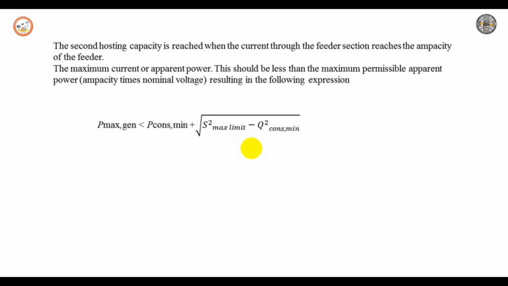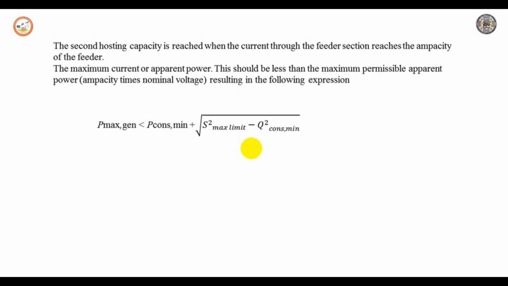The second hosting capacity is reached when the current through the feeder section reaches the ampacity of the feeder. The maximum current or apparent power should be less than the maximum permissible apparent power, which results in the following expression. Whenever the second hosting capacity is reached, the current in the feeder section reaches the ampacity of the feeder, so again this should be less than the maximum permissible apparent power.